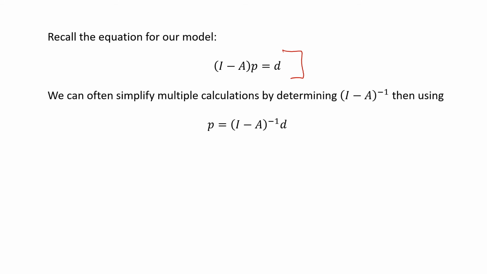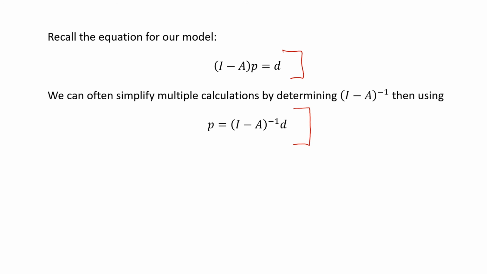Well, if you just rearrange this equation a little bit, remember I minus A is just a matrix. So using the ideas that we've seen before, if we can get the inverse of that matrix, we can rewrite this equation in this way. P is equal to I minus A inverse times our demand.